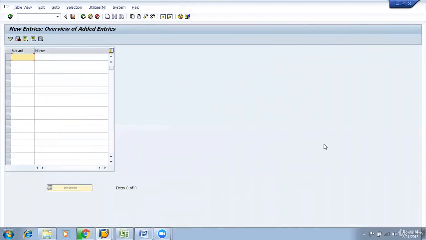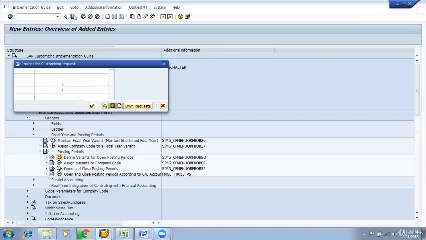Now, let's create variants similar to your company code name, 9001, and variant for 9001 Samsung Electronics and so on. As I told you, description, it's again up to you. Whatever you wish to enter, you can enter so that you remember what you have created. That's it in the screen. Just remember 9001 and save.